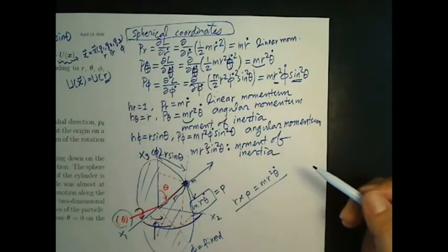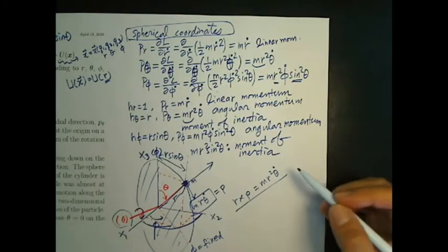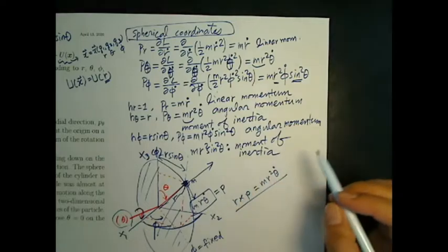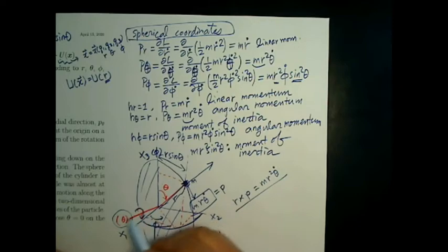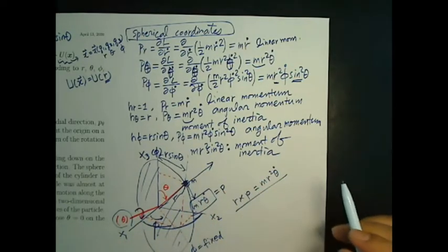Because everything is perpendicular, we do not put any vector notation, but actually this is the direction of r cross p for the theta rotation.